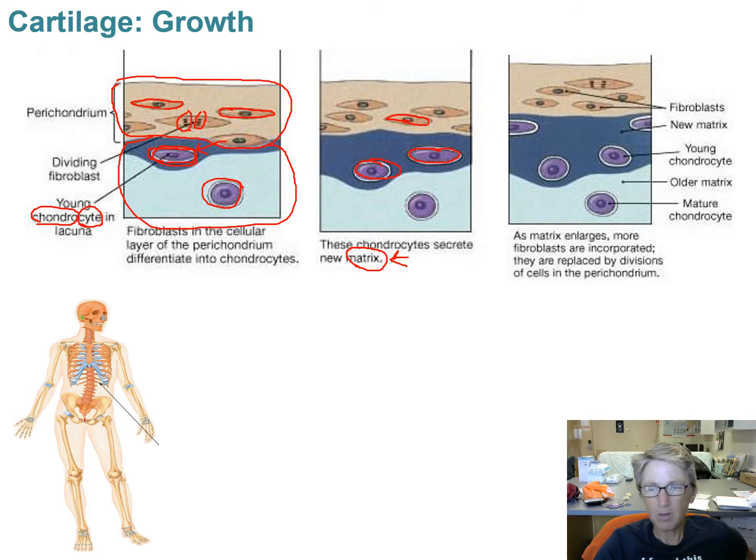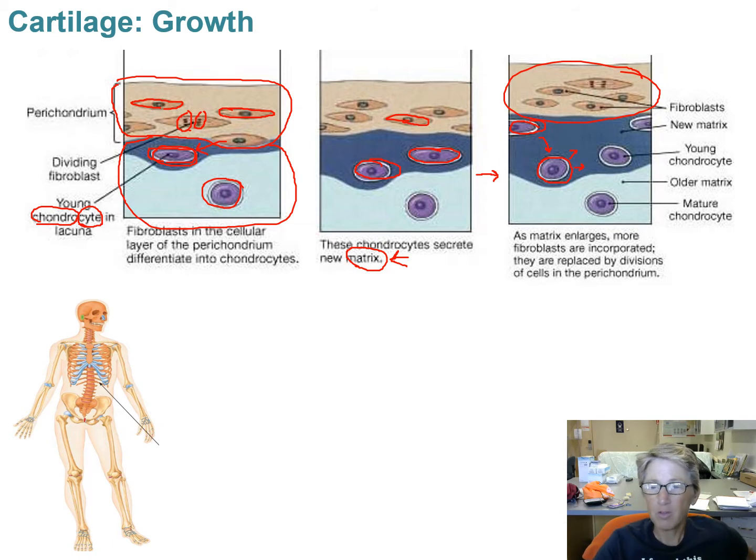Okay, so then as time moves on and you're trying to grow your cartilage, again you have up here in the perichondrium, your fibroblasts are still dividing and differentiating into young chondrocytes, and then those young chondrocytes mature into mature chondrocytes, and they make this thing called the matrix.